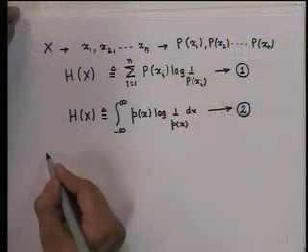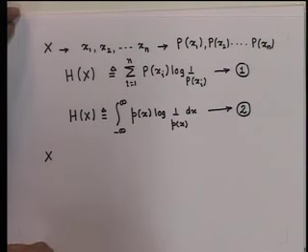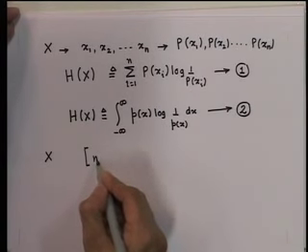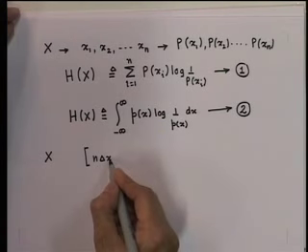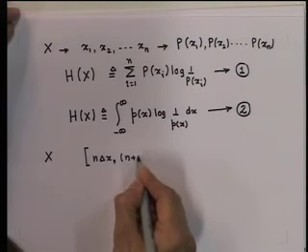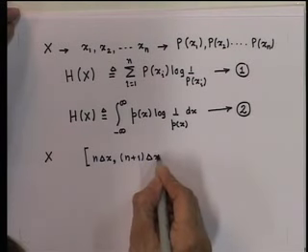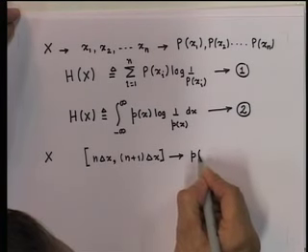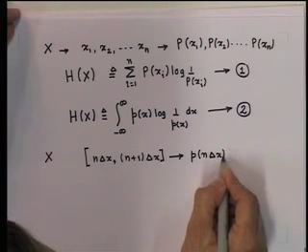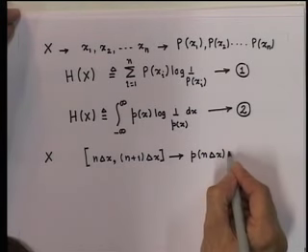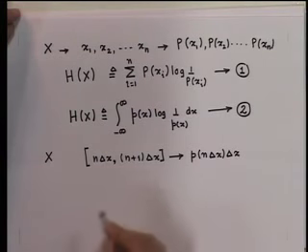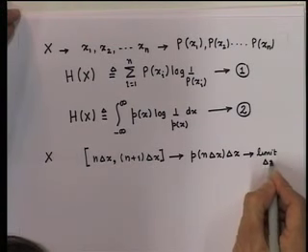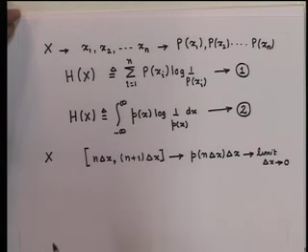A random variable x takes a value in the range n delta x to (n plus 1) delta x with probability p(n delta x) multiplied by delta x in the limit as delta x tends to 0.